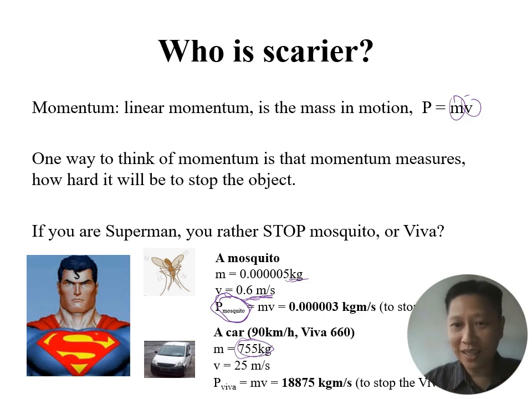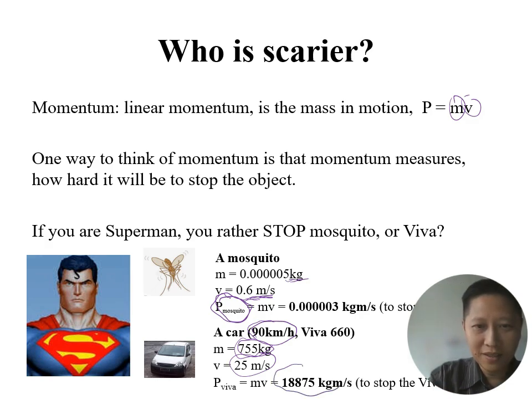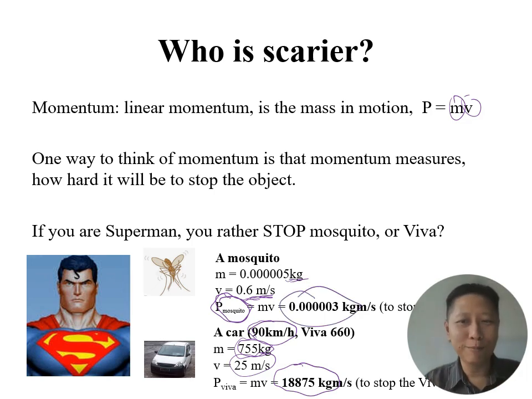And the speed of the Viva car, let's say it is driving at 90 km per hour, is 25 meters a second. We want to know how hard to stop the Viva car. This is the value of the momentum we obtained, 18,000, 19,000, somewhere there. When we compare these two, I guess that Superman will prefer to stop the mosquito because the number is very small, easy to be stopped.